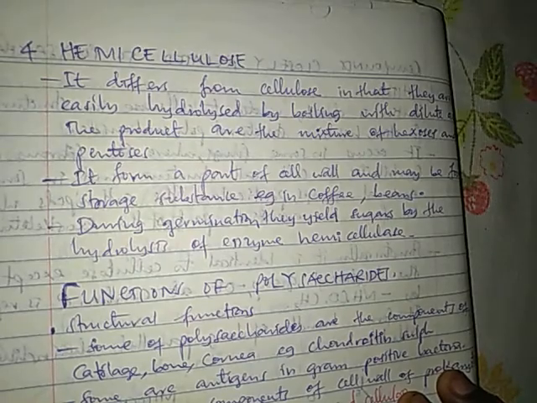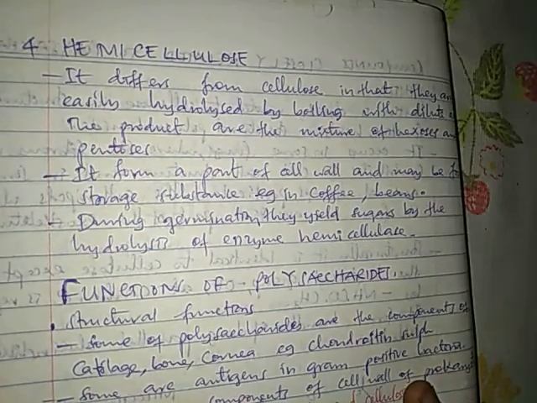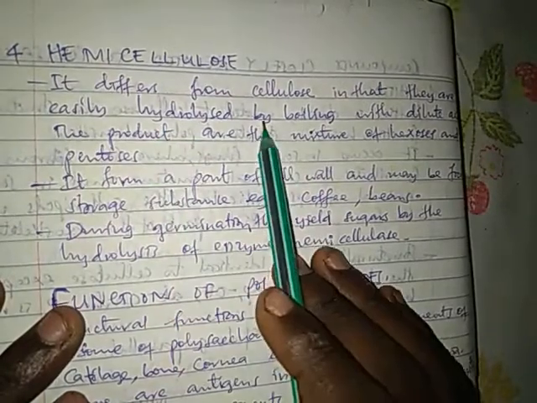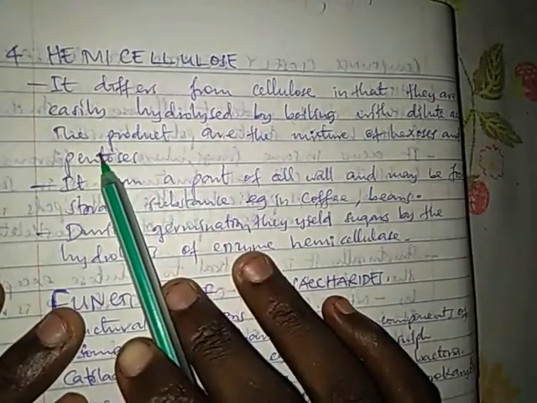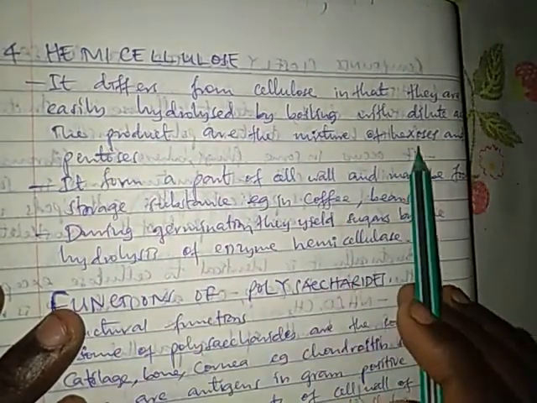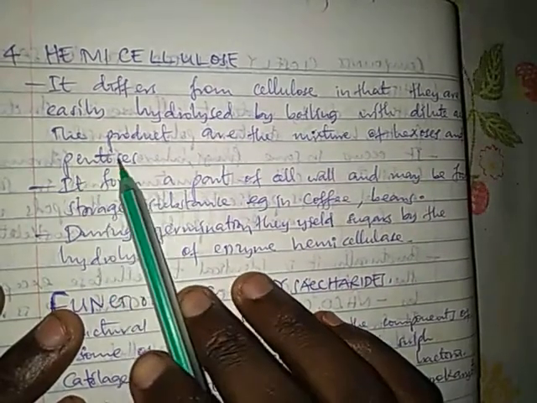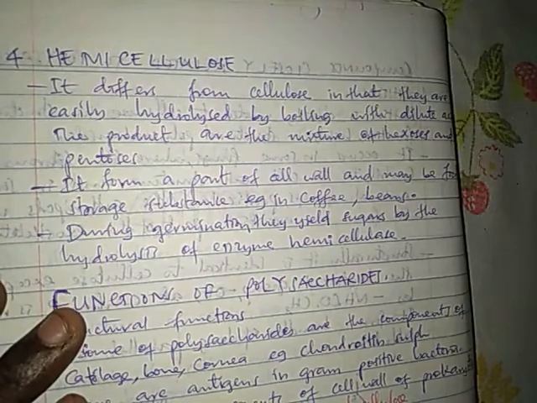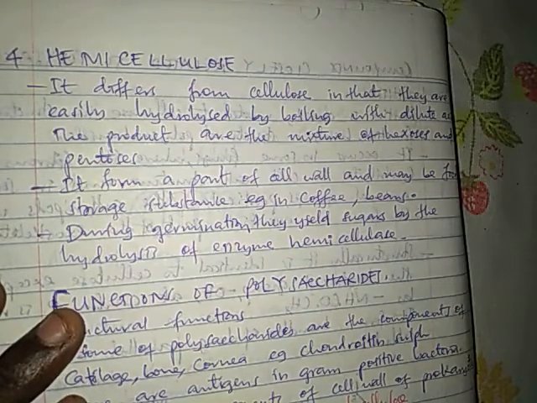Another compound is hemicellulose. Hemicellulose differs from cellulose in that it is easily hydrolyzed by boiling with dilute acids. The products are a mixture of hexoses and pentoses. As we know, cellulose is made up of only beta glucose, which is a hexose, while hemicellulose is made up of both pentoses and hexoses.